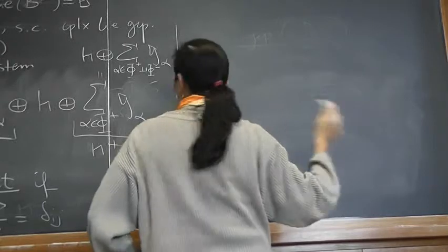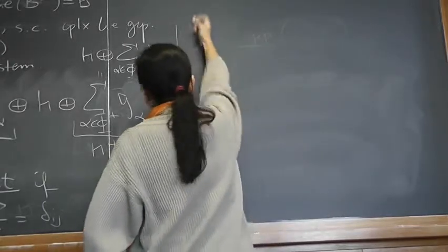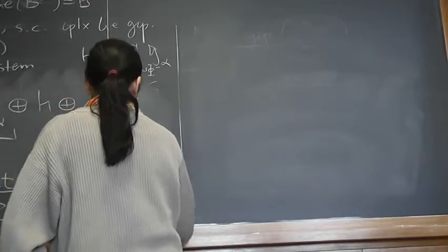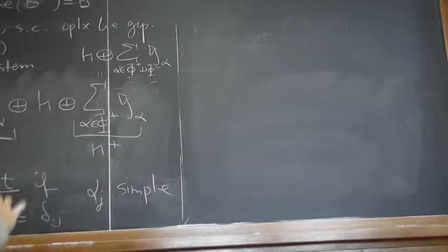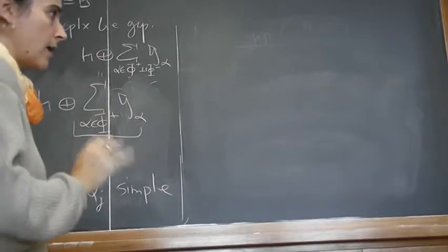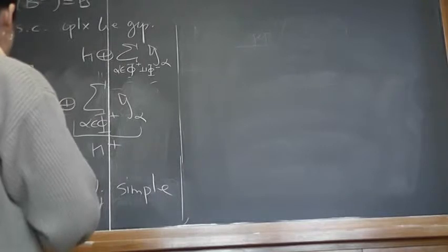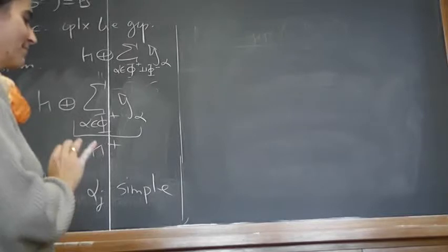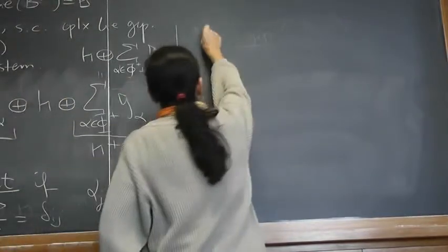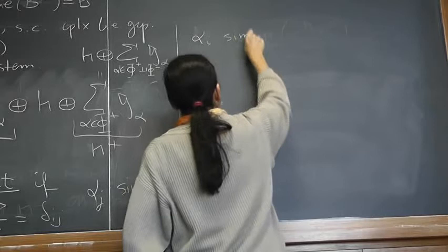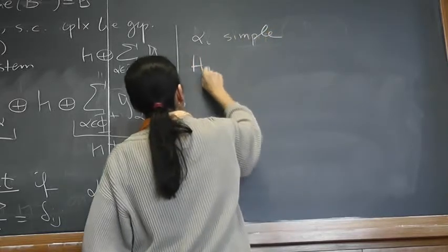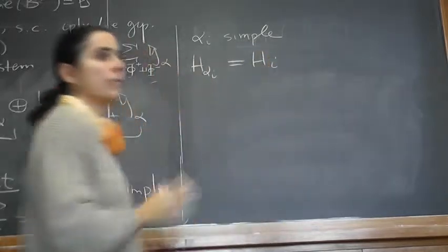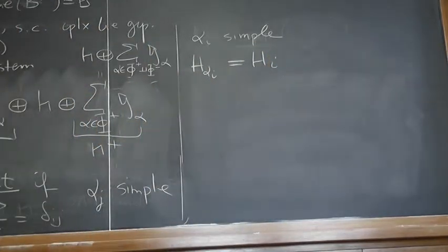So she says the following. Let me write this because it's important. What Nicoletta says is very right. If alpha is simple, we know that there is an H associated with the simple root, which we call Hi.